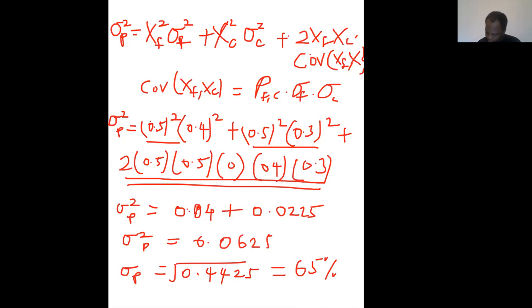Now when you find the square root of the answer, that gives you 0.25, so 25% instead. Great. So that is 25%.